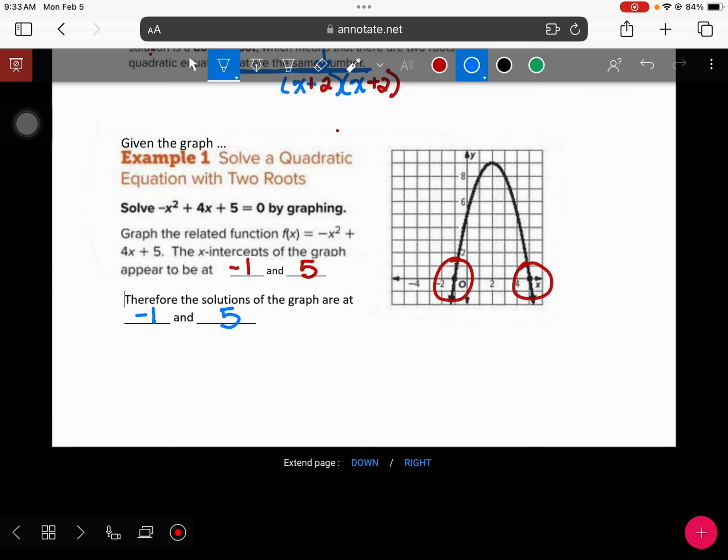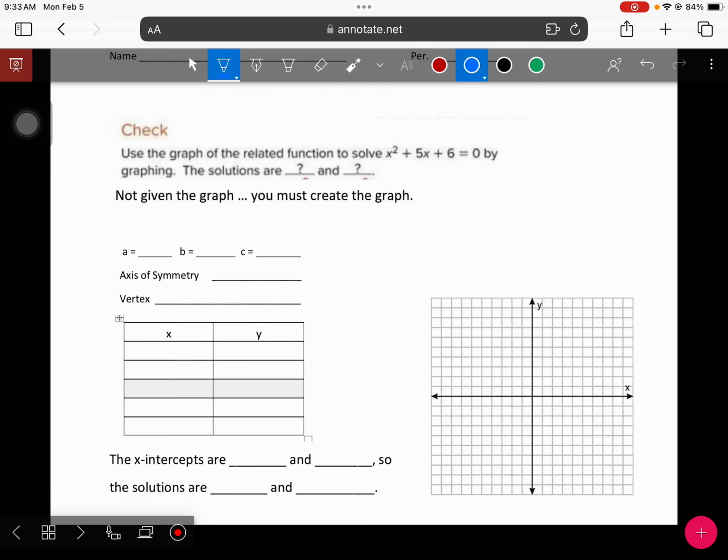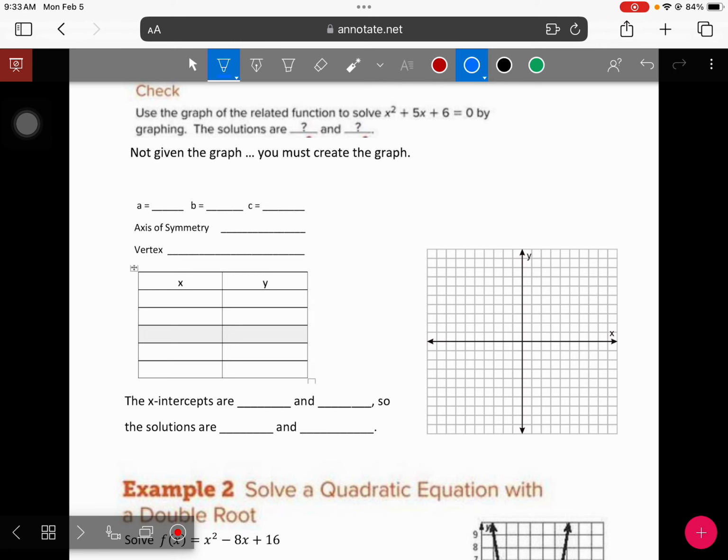Okay, example 2, the top of the next page, or no, check. Says, use the graph of the related function to solve x squared plus 5x plus 6 equals 0 by graphing. They want us to do it by graphing.